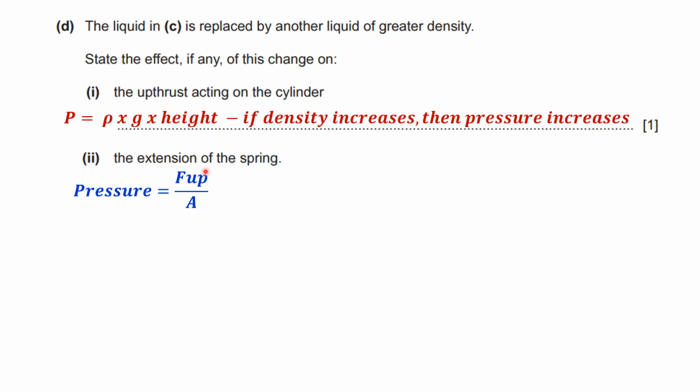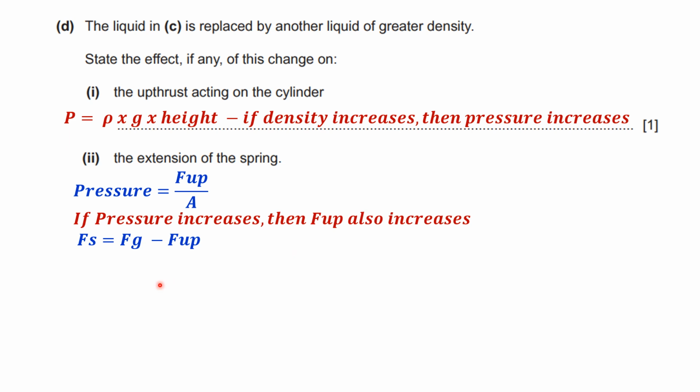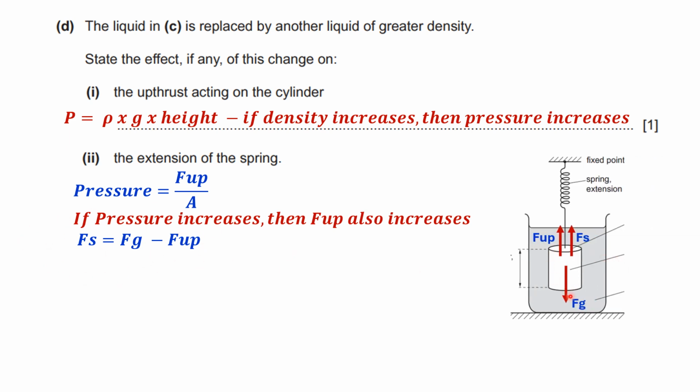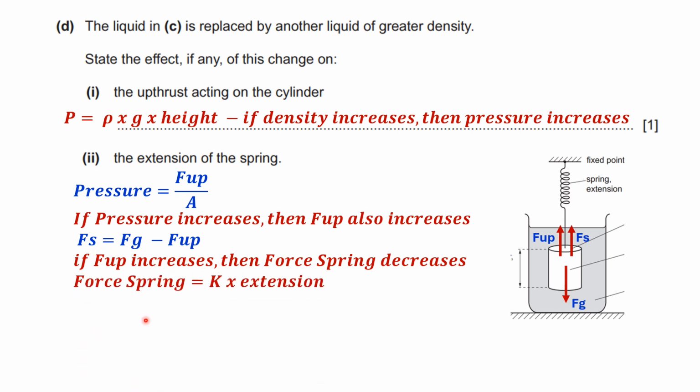Pressure is also the upthrust force over area, so if pressure increases, then upthrust force also increases, which brings us to the equation for the cylinder in equilibrium. Here, if the upthrust force increases, then the force in the spring decreases.